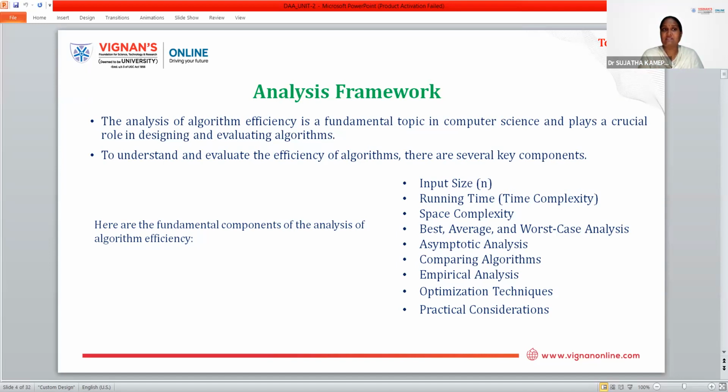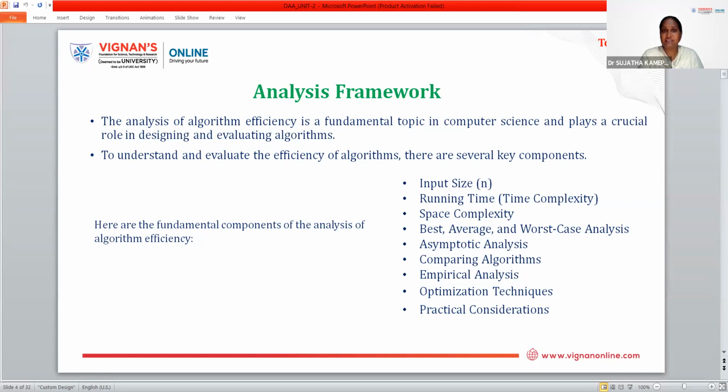It allows us to simplify time and space complexity analysis and focus on the dominant terms, ignoring the constant factors and low order terms.